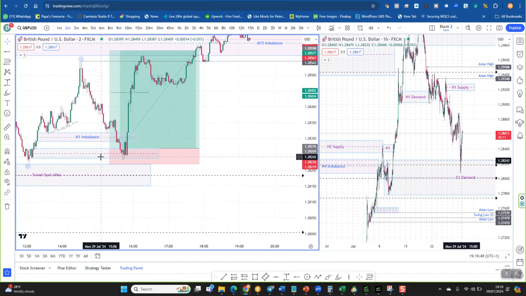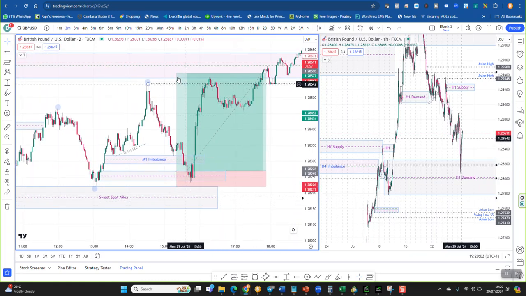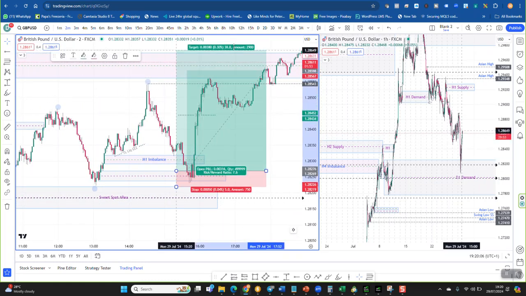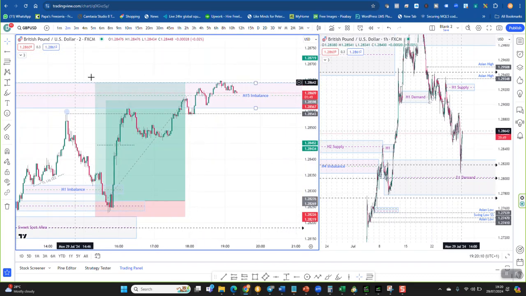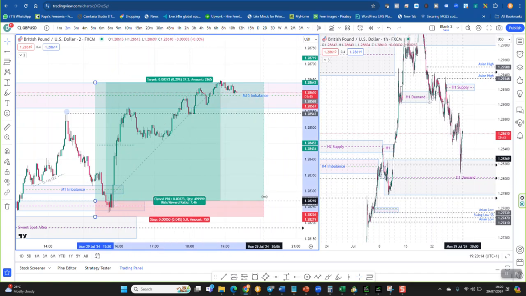So clearly on the 2 minutes, that's where we have that extreme demand zone, with my stop loss below here, and that's it. With this as well, 3 to 1 was here, and the rest of the trade over there now. So you can see we are now at 7 to 1.